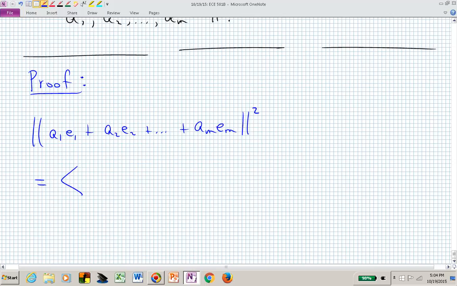Let's do that. So now I have to write this again. I'm going to have writer's cramp. a1 e1, a2 e2, plus a sub m e sub m, inner product with that same vector, a1 e1 plus a sub 2 e sub 2 plus a sub m e sub m.